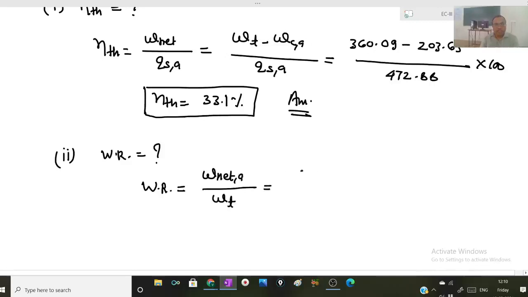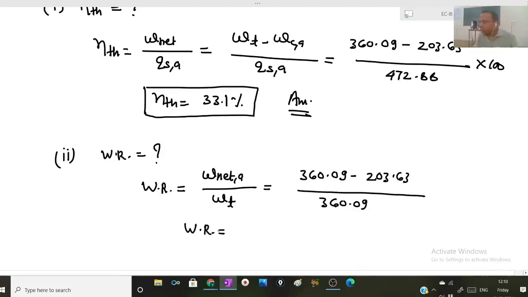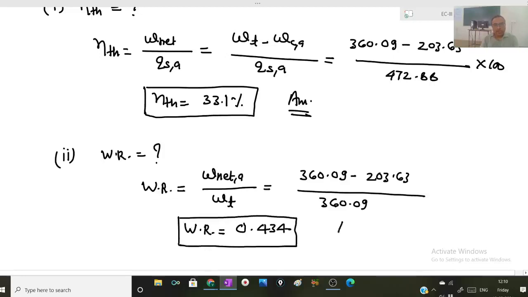Net work output is nothing but 360.09 minus 203.63, divided by turbine work, which is 360.09. So the work ratio will come as 0.434. Answer number 2.